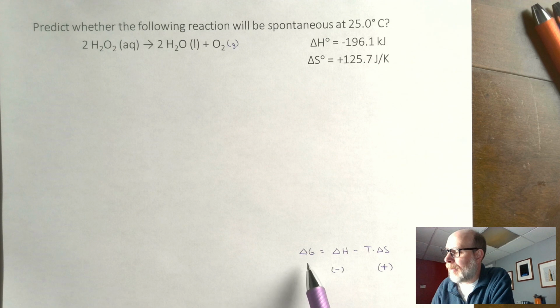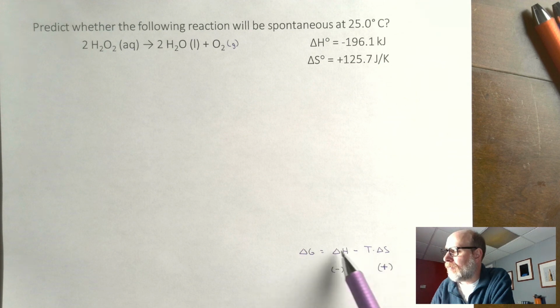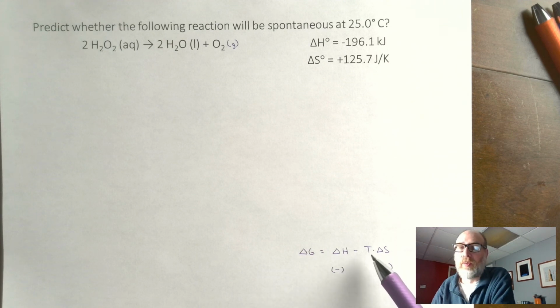So what would we expect the sign of the free energy change to be if the entropy change is positive, the enthalpy is exothermic, it has a sign of negative, and we know temperatures are always positive?